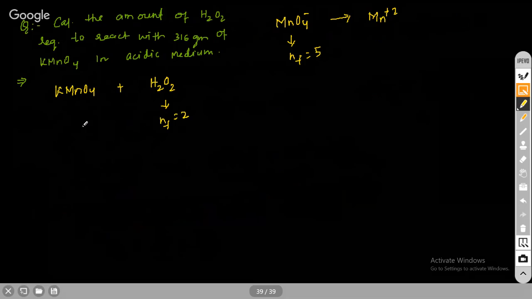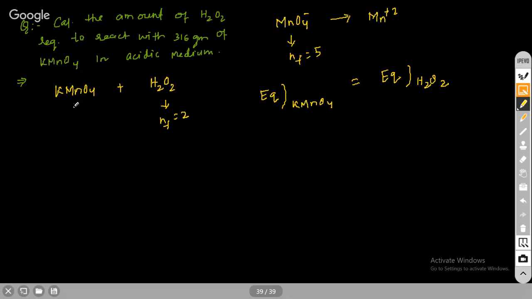Since both are reacting, what is the concept we have? The number of equivalents of KMnO4 should be equal to the number of equivalents of H2O2. This is the concept we have studied. Equal equivalents react, correct? So the number of equivalents of KMnO4 will be what?